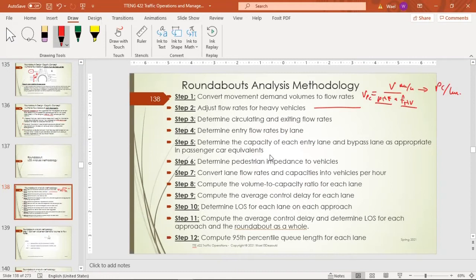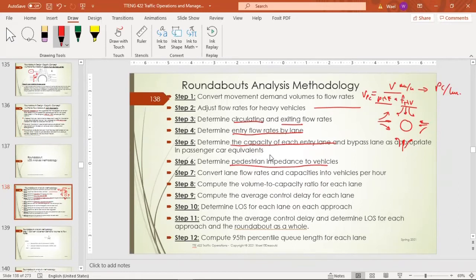Then determine circulating and exiting flow rate. That means if we have a roundabout, we have entering volumes, and we want to calculate the entering volume, the exiting volume, and the conflicting volume. Then determine entry flow rate by lane, and determine the capacity for each lane. Then determine the pedestrian impedance of vehicles.